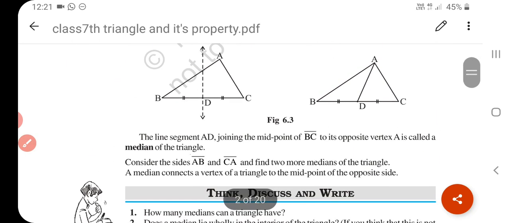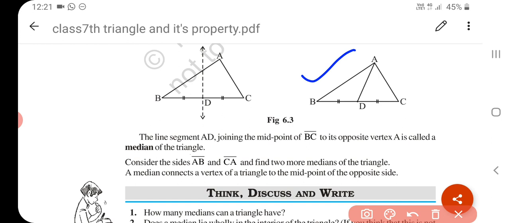See here, this is a median, and if the line is perpendicular, then it is called an altitude. The line segment AD joining the midpoint of BC to its opposite vertex A is called the median. Okay, if the line segment comes like this, as in the second figure given, then we will call it the median of the triangle. Okay, understand?